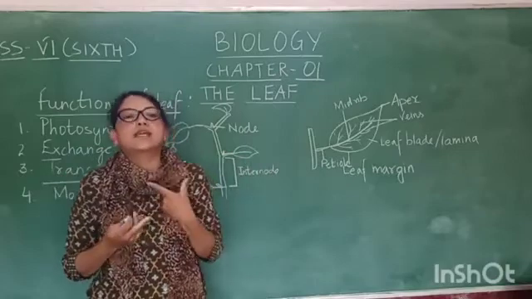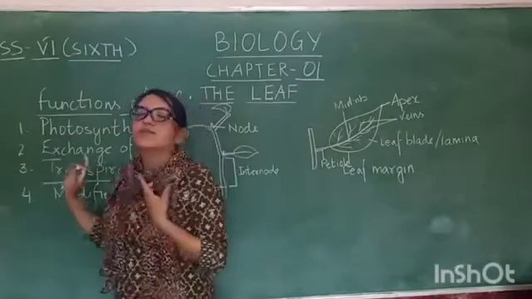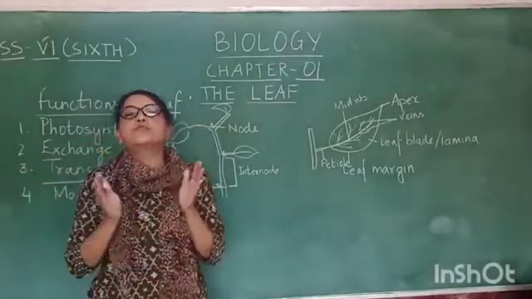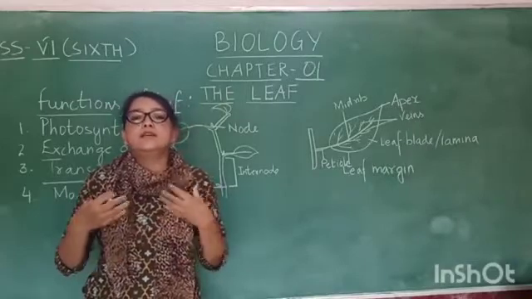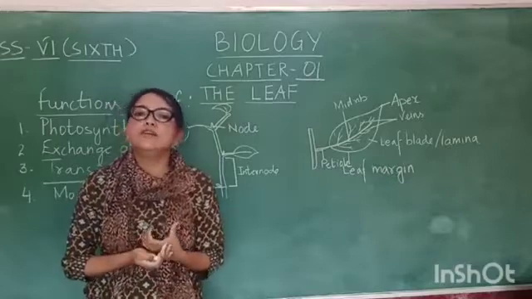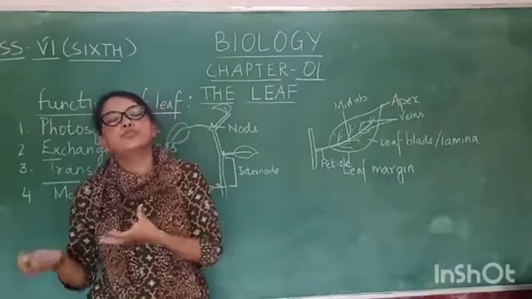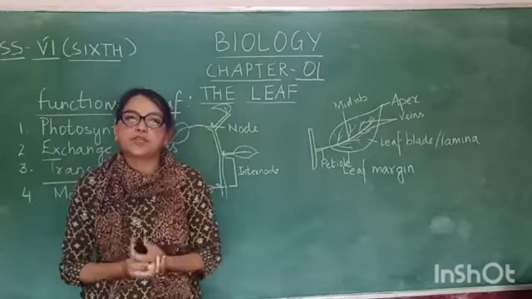The second one is exchange of gases, and the third one is transpiration. Transpiration is the process by which leaves give out extra water into the air in the form of water vapors. The process takes place through stomata.